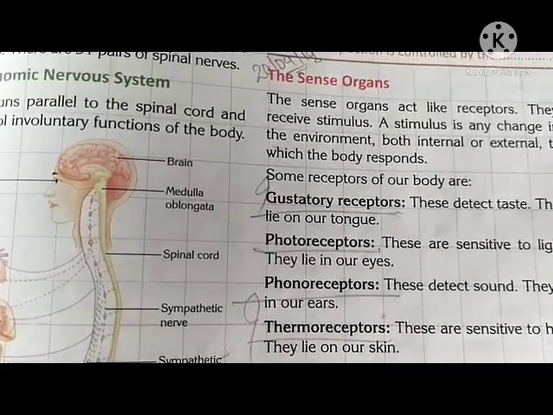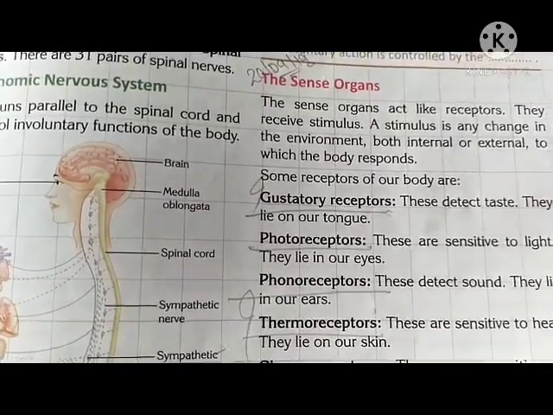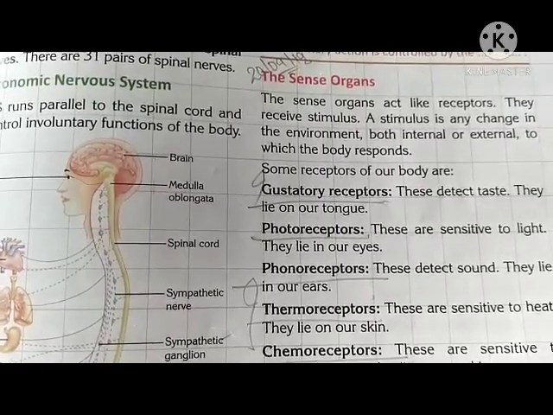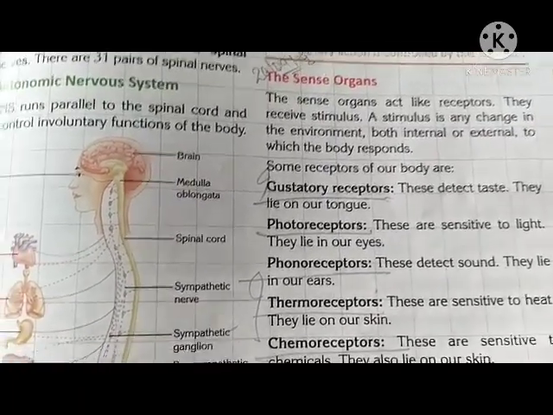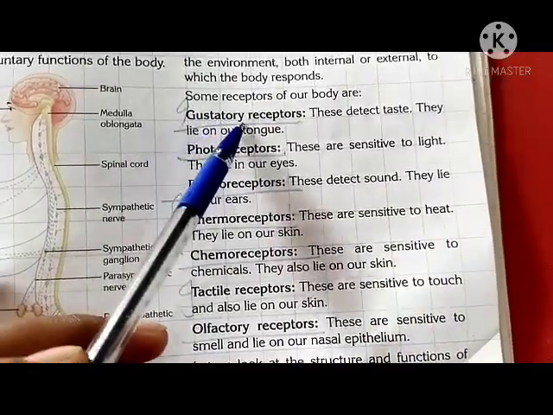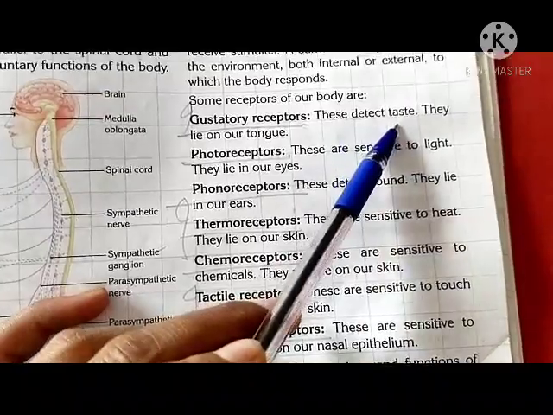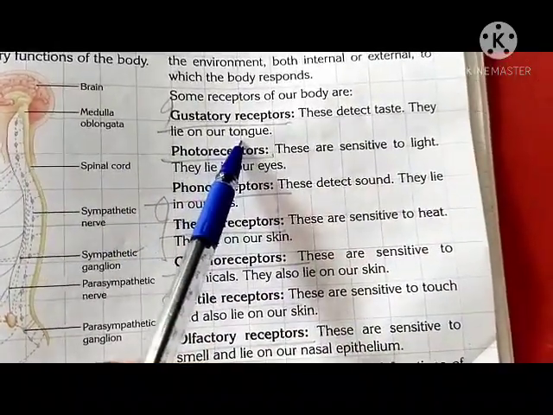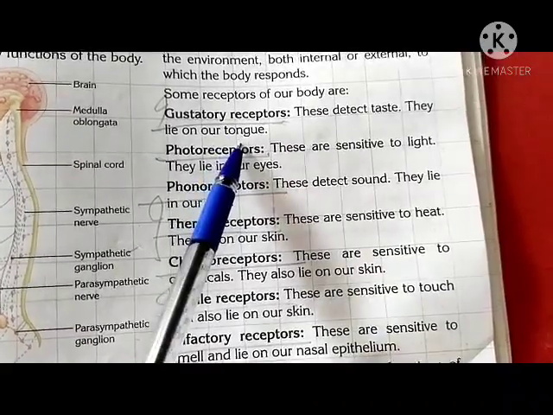The part of our body which responds to that particular stimulus is known as the receptor for that stimulus. Here you can see one receptor of our body is the gustatory receptor. These detect taste. They lie in our tongue. So why is our tongue known as a sense organ?